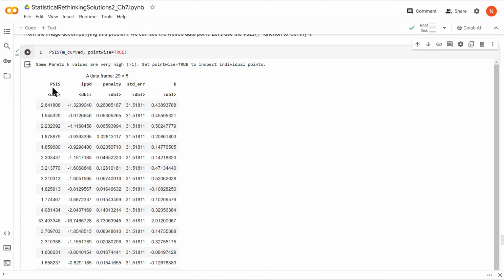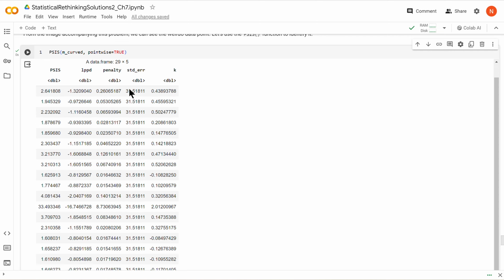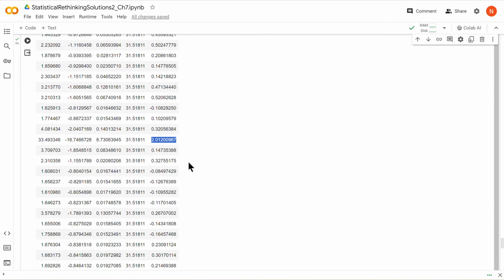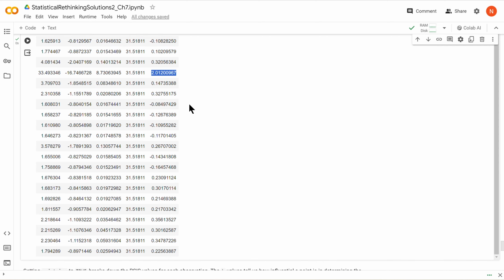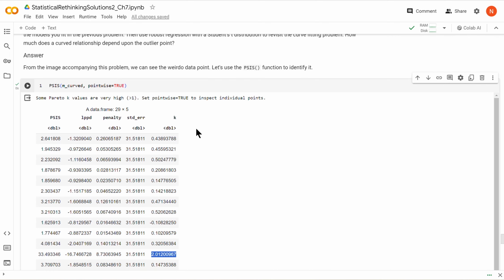Okay, so here are the individual PSIS scores, and already we see one pointing out, the one with the very high K value is here. This happens to be observation 12, I think, if you count down by 12. Again, it seems to be highly influential, has a K value greater than 1, and that means that it's driving the fit of the regression to a fairly high extent.